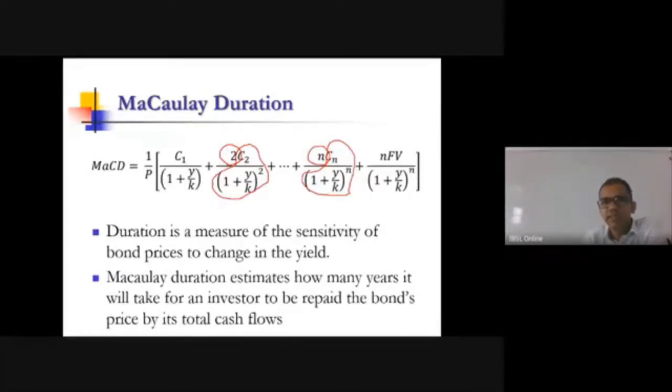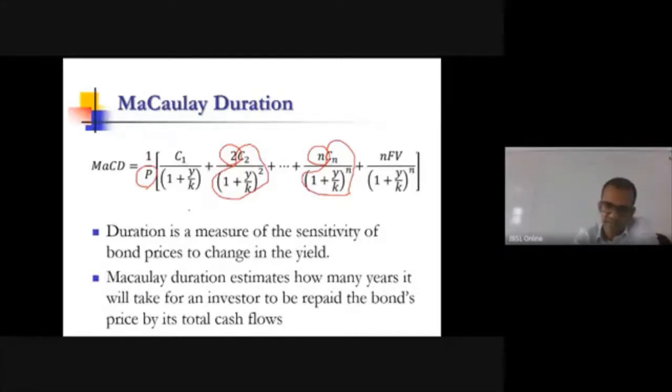So that's why it is a weighted average of timing, weighted by the present value of these cash flows. And to represent it as a percentage of the price, we divide that term by the price. So this measures the sensitivity of bond price to change in yield.